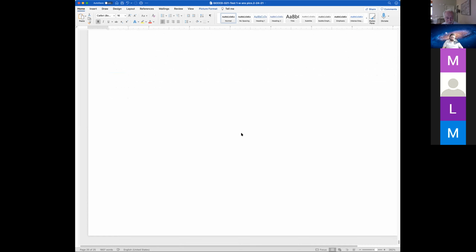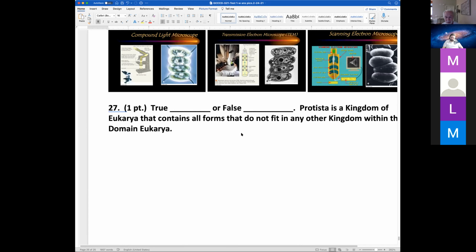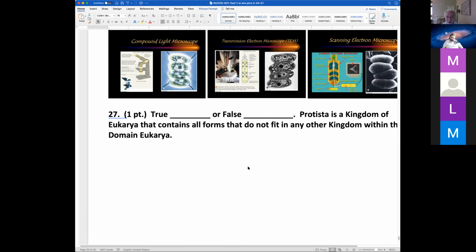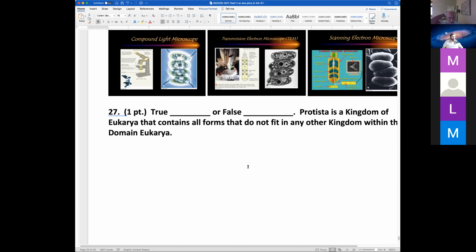Yeah, it's true. And I guess I don't have the slide that came from, but yeah, it's sort of a garbage bag, grab bag of everything that doesn't fit in a nice clean category. It's called Protista. And it is a kingdom, not a domain.